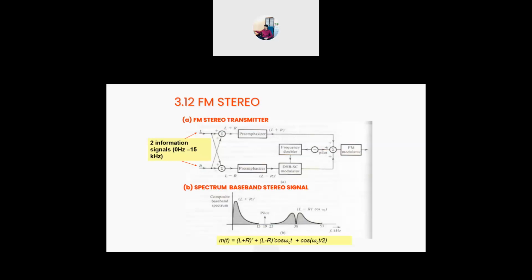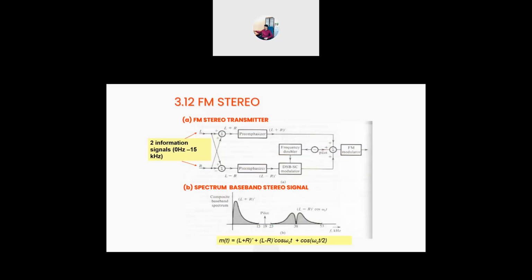We add them all together, and then we have the FM modulator for the FM stereo. This is the baseband spectrum, where baseband is your message, the baseband stereo signal.